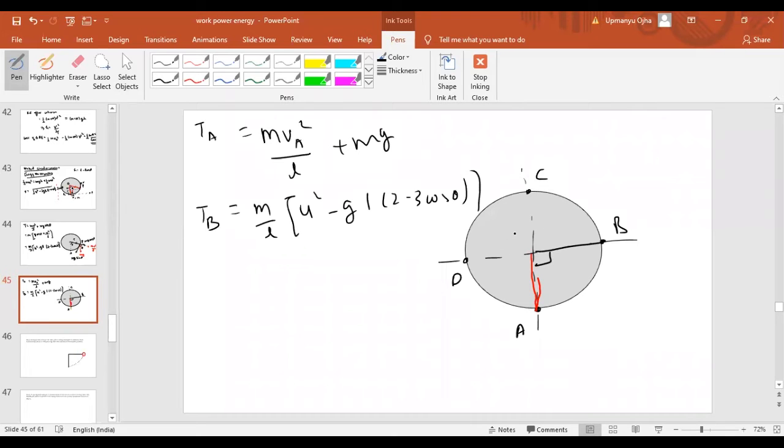Cos 90 is 0 there. So can you write tension at B as m by L, u square minus 2gL, because cos theta is 0 there. Fine. So we get the tension at point B. Similarly, we can find the tension at point C, and the tension at point D can also be found.